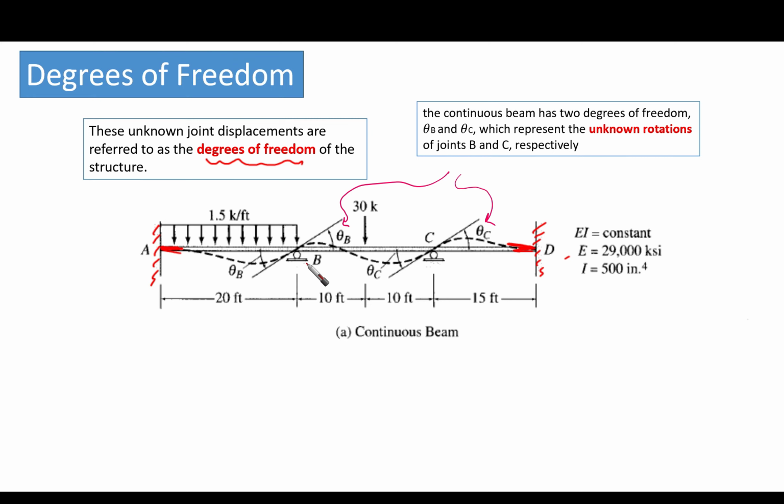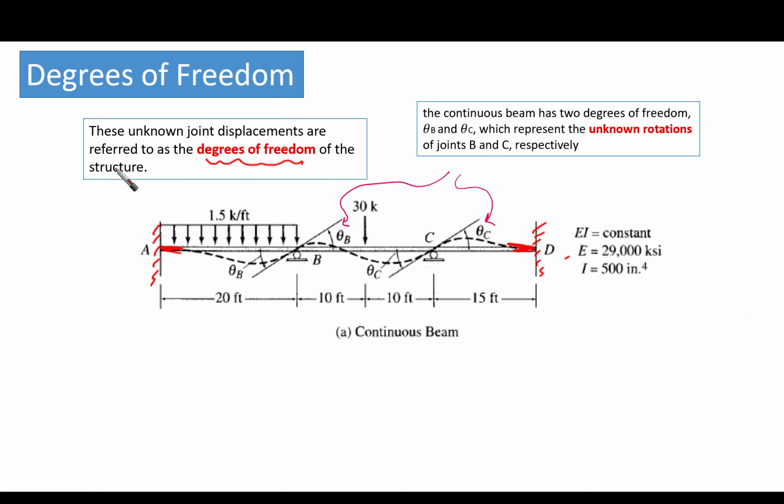But look at point B and point C. The elastic line at these points, at the supports, can deform in the way that you can see here, right? We're going to have theta B before and after the support at B, and we are going to have theta C, which is the rotation of the deformed shape at point C before and after, right?